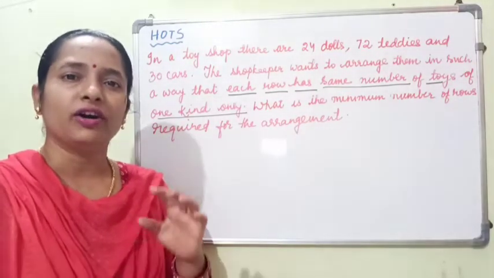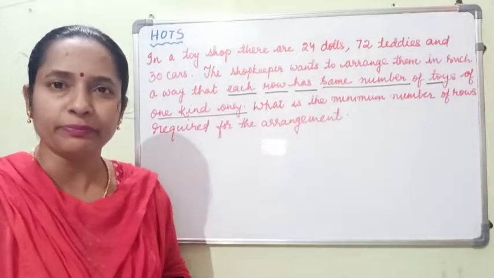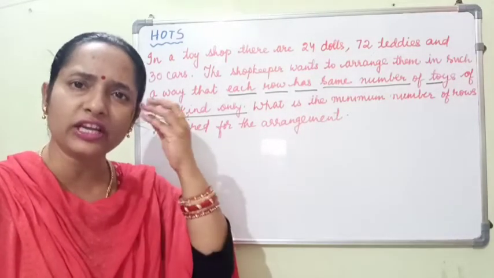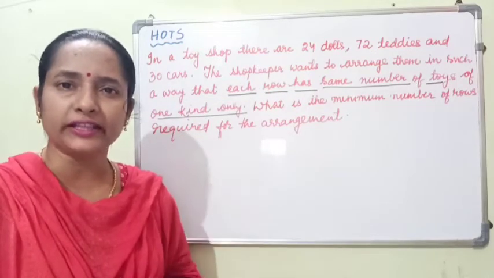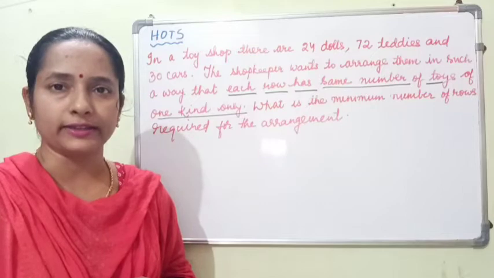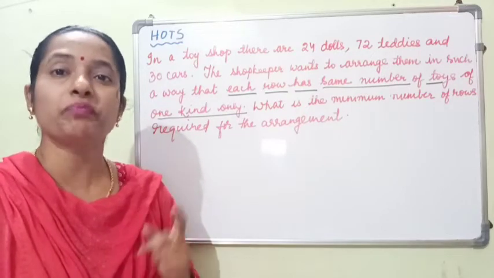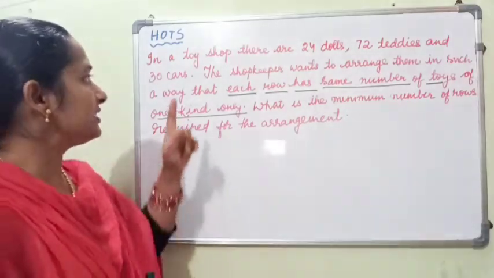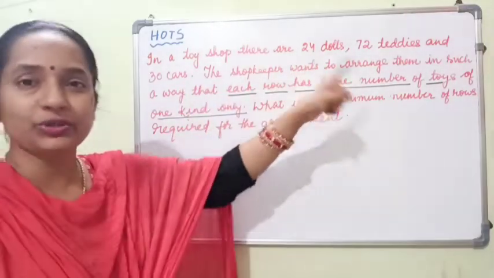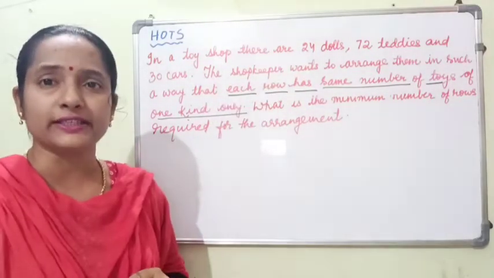So here definitely your focus will go to the word minimum, from where you will think that we will find the solution by finding the LCM, but not like that. We are leaving out one more important keyword in the question, that is the shopkeeper wants to arrange in such a way that each row has the same number of toys.